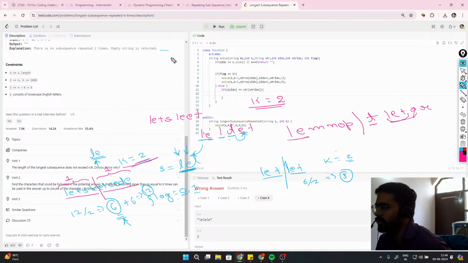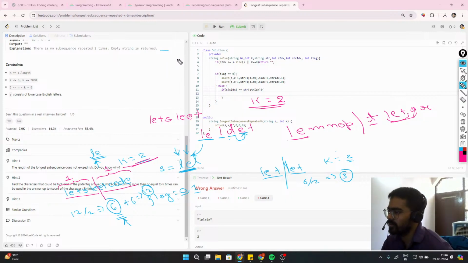The length will never increase more than 6. But it can be anywhere. The length will never exceed.